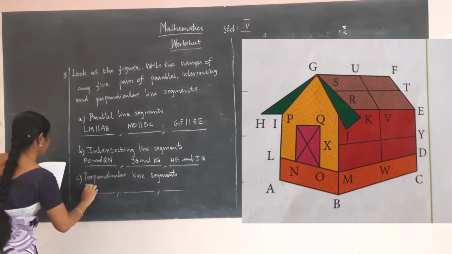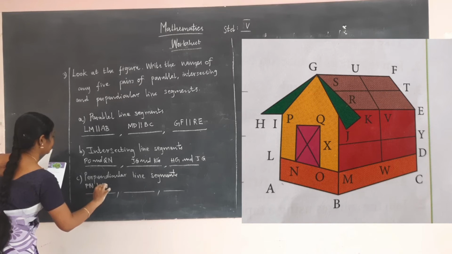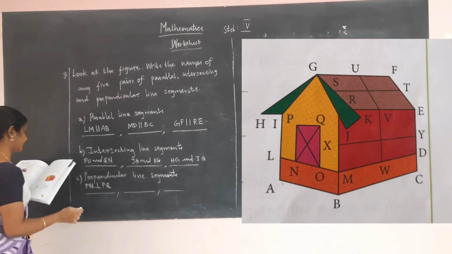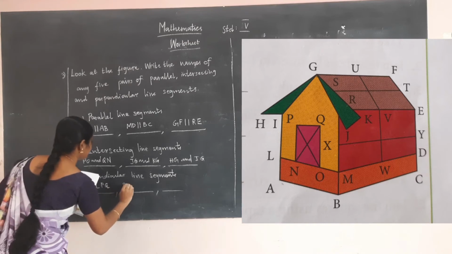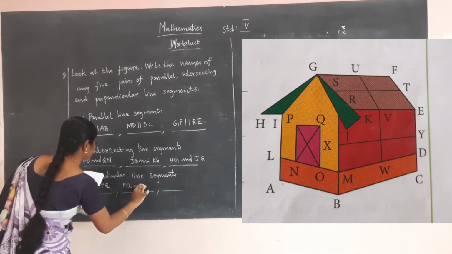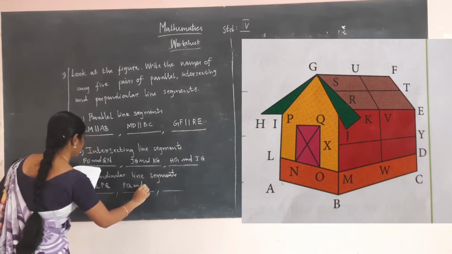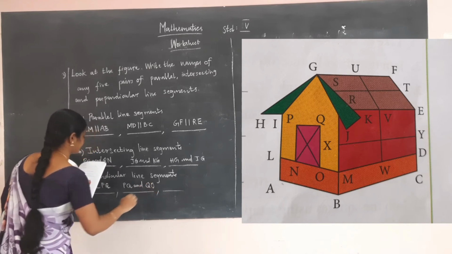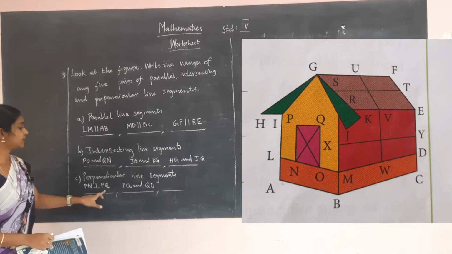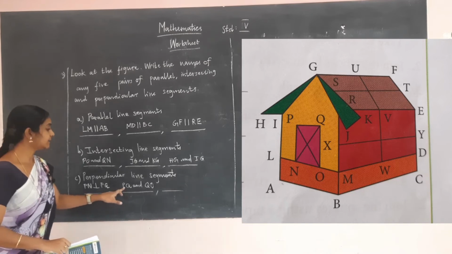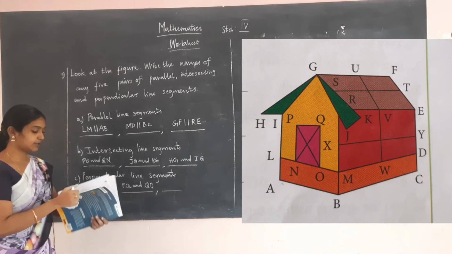PN perpendicular to PQ. Again, PQ is perpendicular to QO. PN and PQ are perpendicular. Again, PQ and QO are perpendicular.